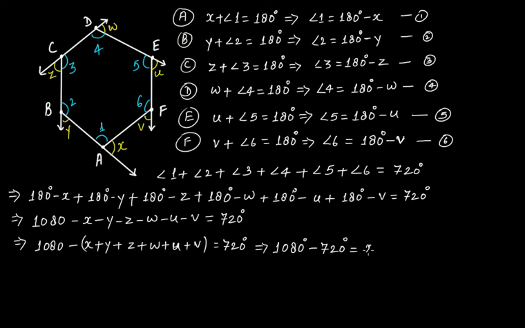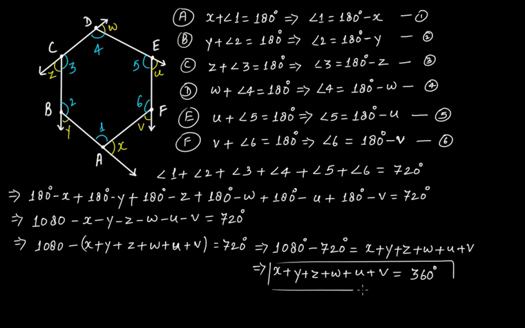This is equal to X plus Y plus Z plus W plus U plus V. So this gives you X plus Y plus Z plus W plus U plus V equal to 360 degrees. So the sum of the external angles of the hexagon is equal to 360 degrees.